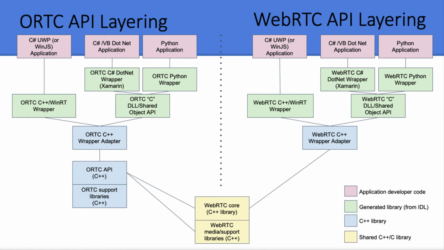It's originally a Microsoft format for IDL, but it's now standardized as MIDL 3. From that IDL, we then generate API surfaces for all the different platforms we support. UWP is the C++/WinRT piece that we mainly focus on today, but we also have generators available for Xamarin, for .NET Standard, and for Python support. A lot of these things are in the works, but I just wanted to give everyone an idea of what's available.